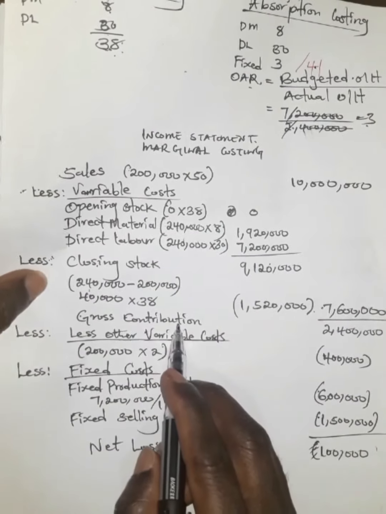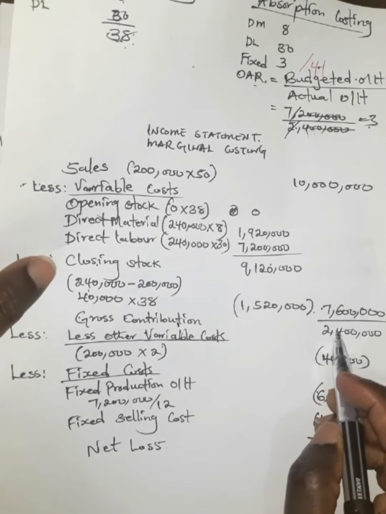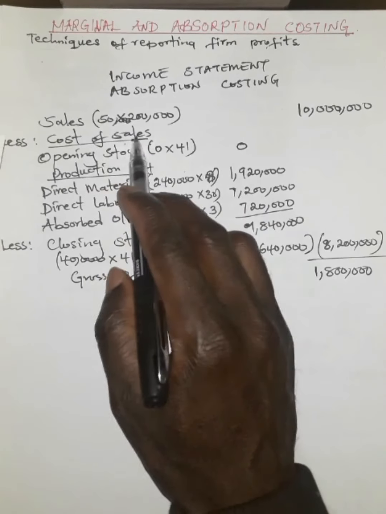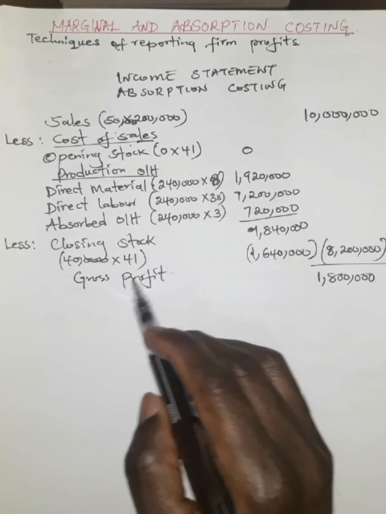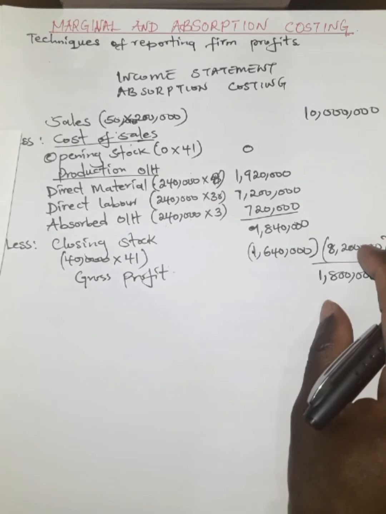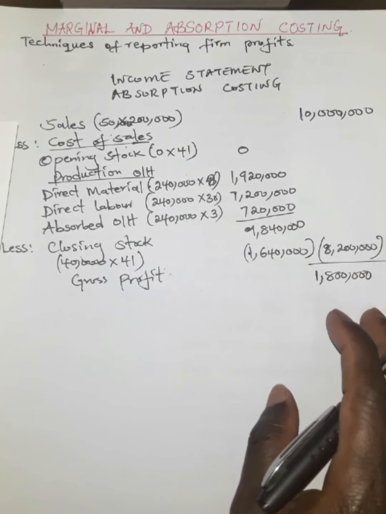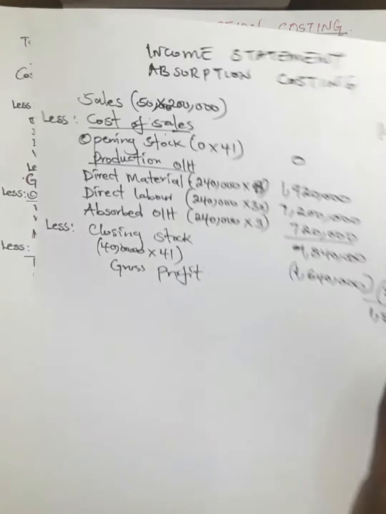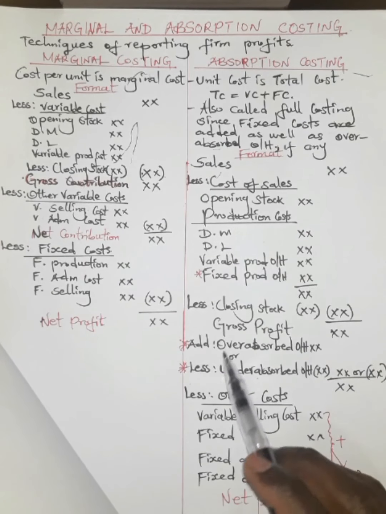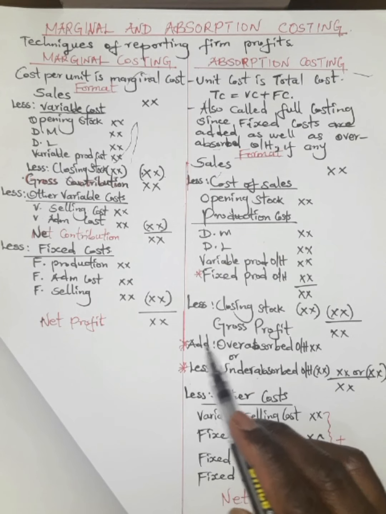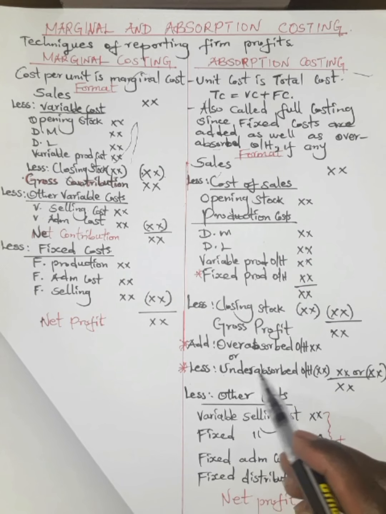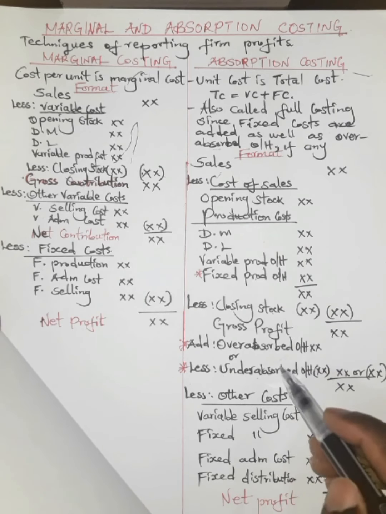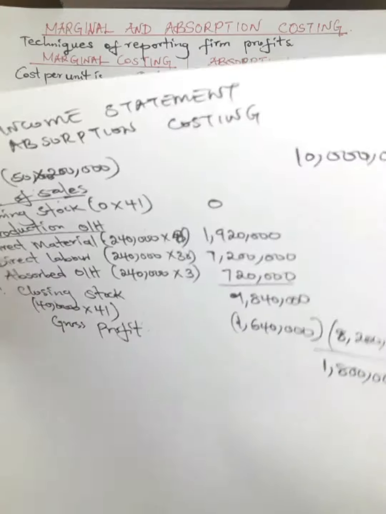Now, in marginal costing, gross contribution is referred to as the gross profit, because we are talking about cost of sales; sales minus cost of sales normally gives us the gross profit in any typical income statement. Looking at the formula again, what brings the difference is that we add if there is an overabsorption, but if there is an underabsorption, we less that value from our gross profit before we proceed to the next steps.